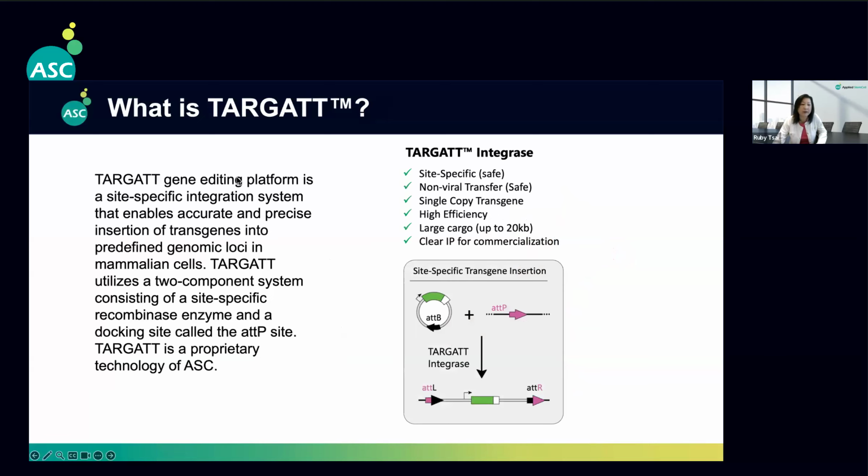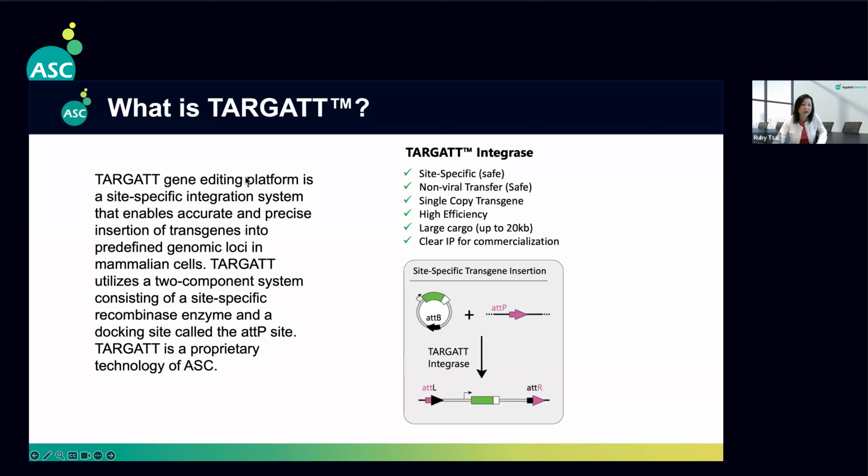So now I want to talk about TARGATT. Because I mentioned CRISPR, all these CRISPR technologies are limited because insertion in most cases still relies on the host homologous recombination mechanism. And by nature, it's very low efficiency.